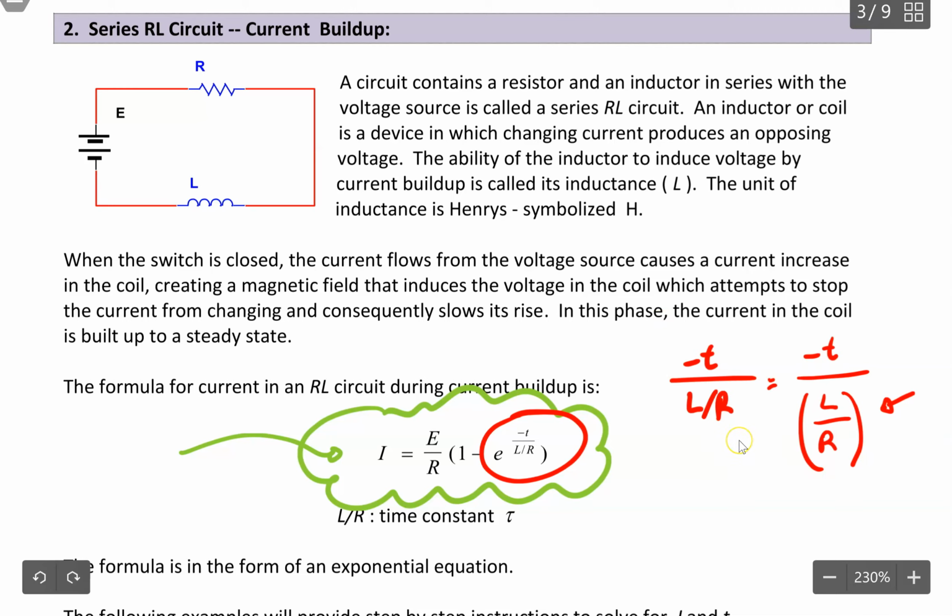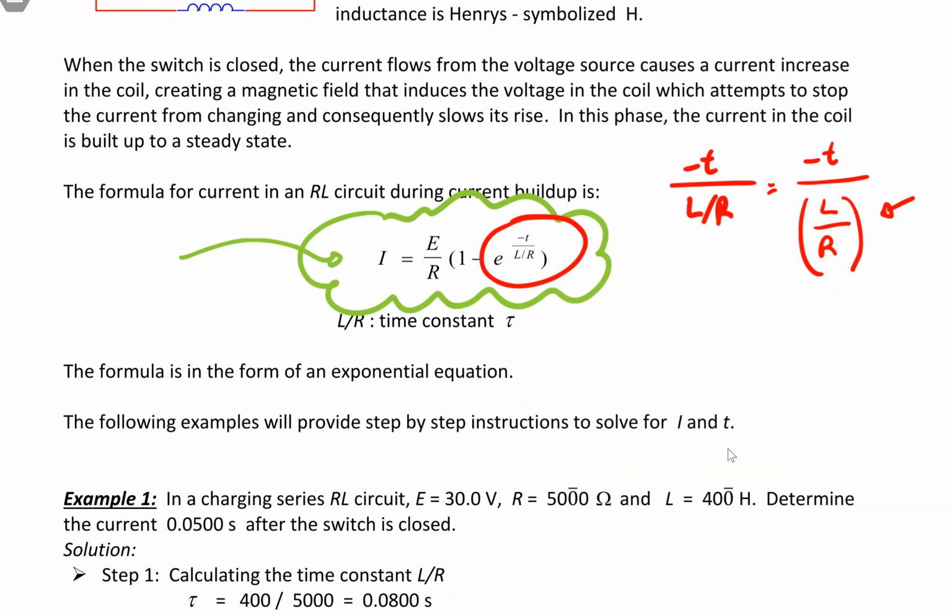You can skip the step and key everything into your calculator all at once, but I don't recommend that unless you use a lot of brackets and really know what to tell your calculator. Therefore, in most of the steps I'm showing here, my step number 1 is always finding the time constant.